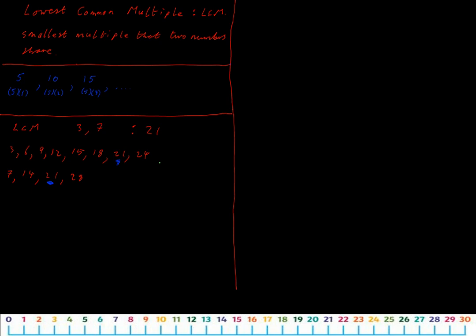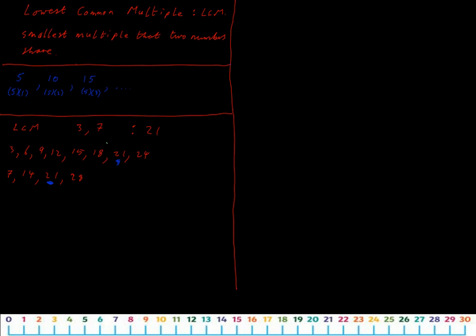Now there's a connected idea there, because we know that division and multiplication, we've mentioned it before, are going to be opposites of each other, or in math speak, inverses of each other. There's another way of looking at that, in that 21 is the smallest number that 3 and 7 are factors of.